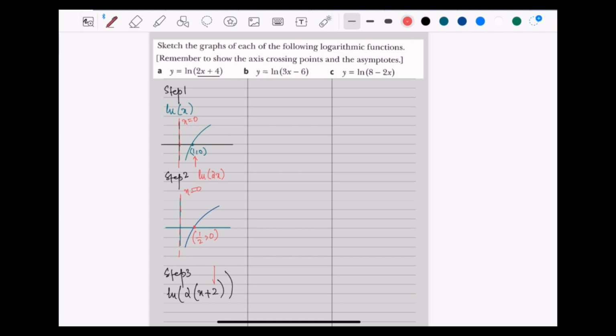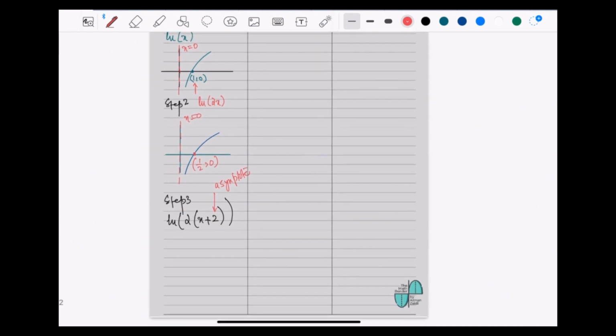This tells you the asymptote, and since plus means moving to the left, now if I draw this here, the asymptote line is moving 2 to the left, so let me write that down here. x equals negative 2 because initially it was at x equals 0.